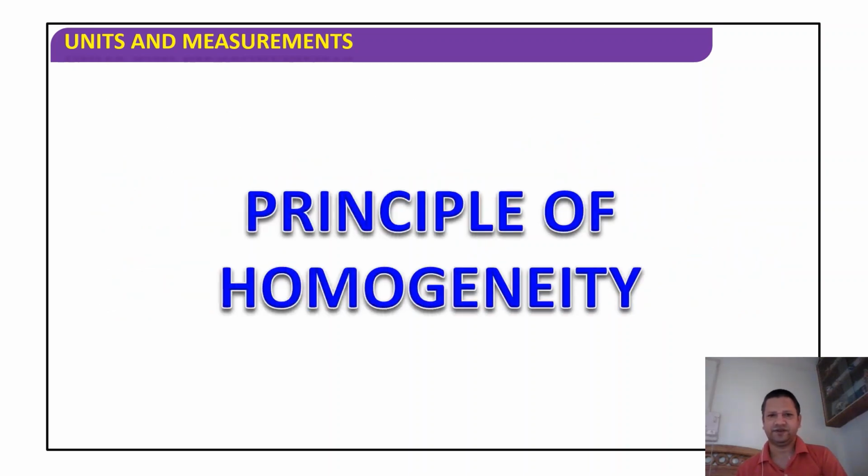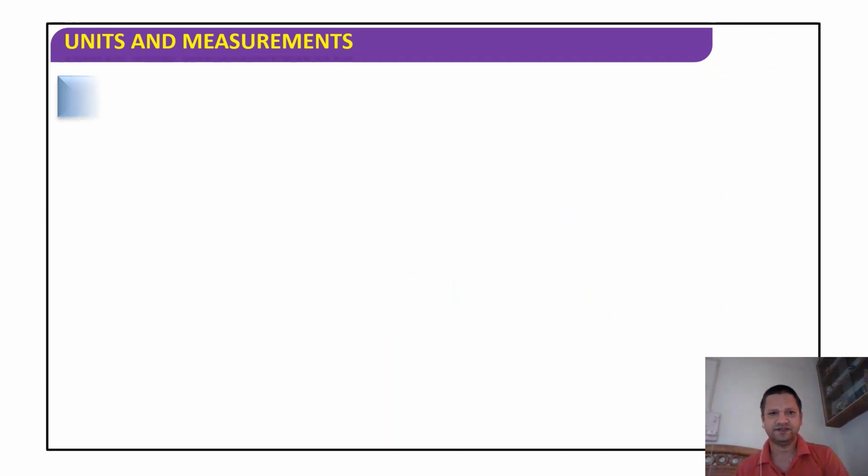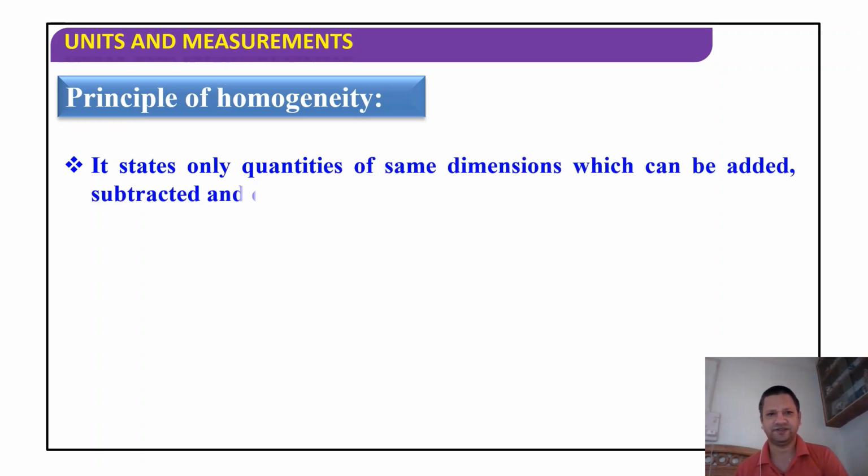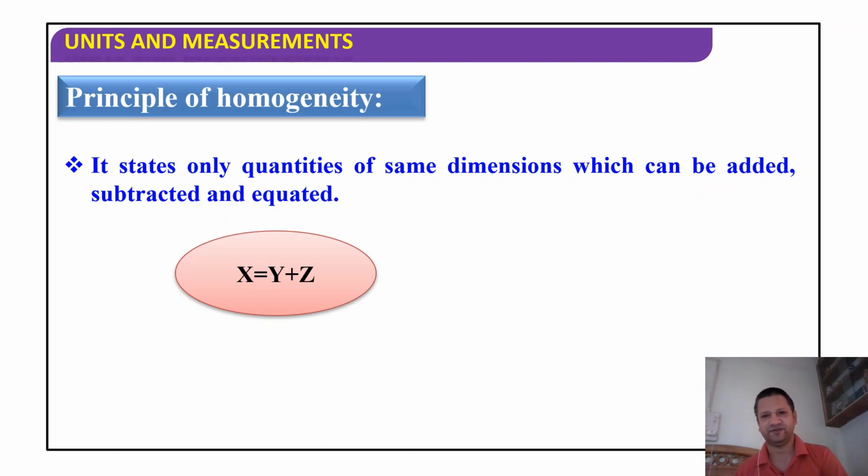Come to the next point, the principle of homogeneity, which I was discussing in the dimensional equation. It states that only quantities having the same dimension can be added, subtracted, and equated. So, for example, x is equal to y plus z. x is one quantity, y is another quantity, z is another quantity. As we have seen in the formula, v is equal to u plus at.